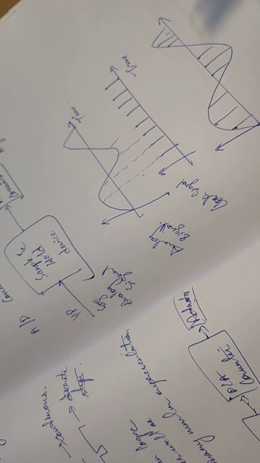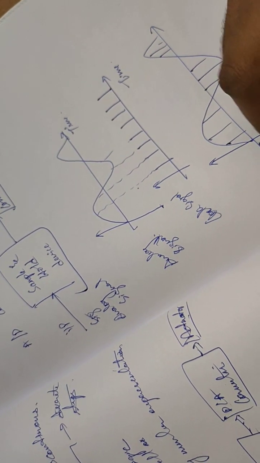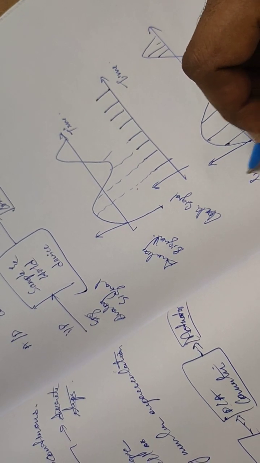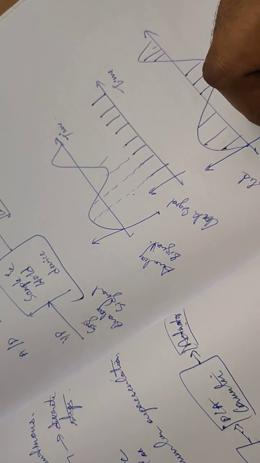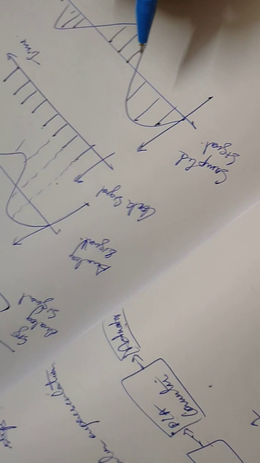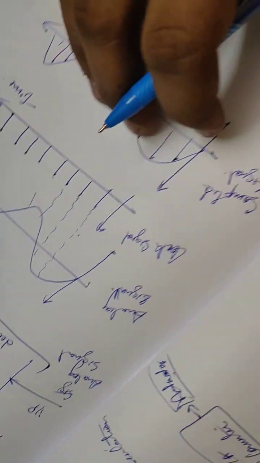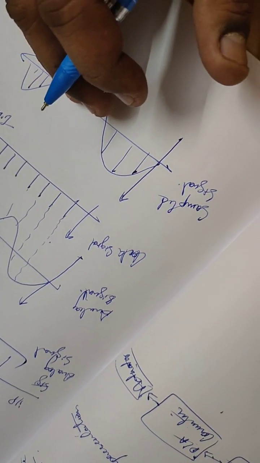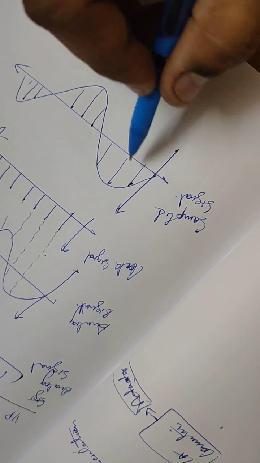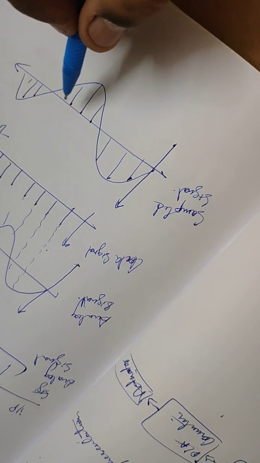Over time, this is called the sampling signal. The result of sampling is a series of narrow pulses.